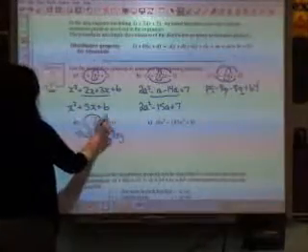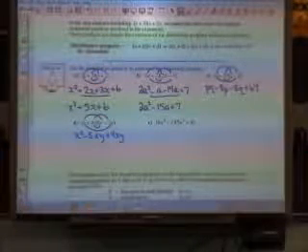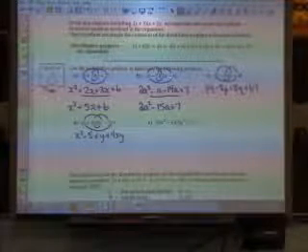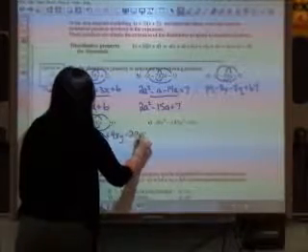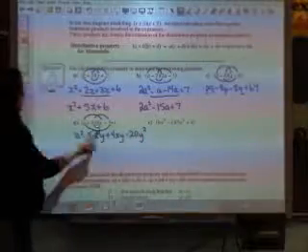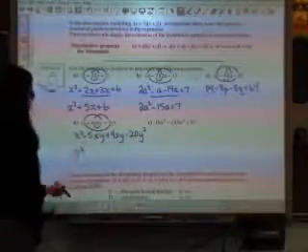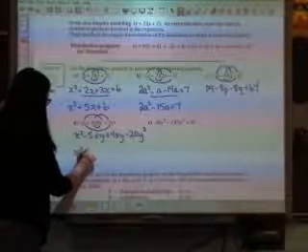And then 4y times a negative 5y is negative 20y squared. So 2 y's, right? Now when I collect the like terms, how many xy's do I have? And is it positive or negative?